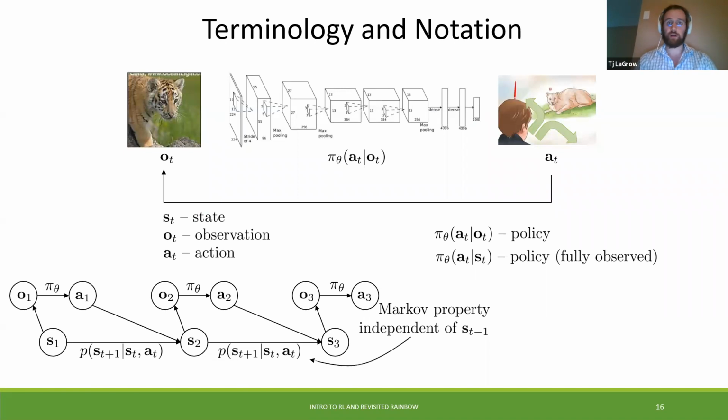So let's get into some terminology and notation. Here we have the example that I have from the Tiger, where we have an observation O at time t. This is going to be our image, where we're going to have some pi, which is going to be our policy. We say this is a policy because it is an action based on an observation. Here, A is going to be the action, O is the observation, as noted.